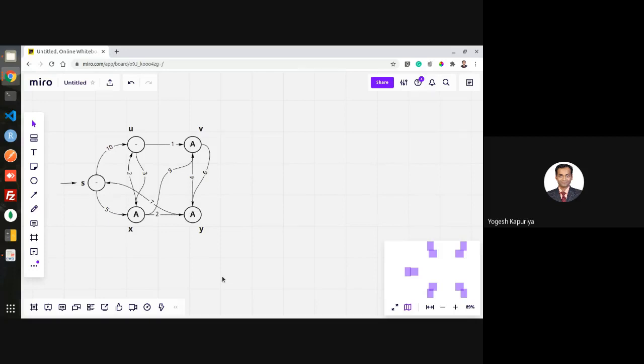Okay, so these are the weights associated to each and every edge.